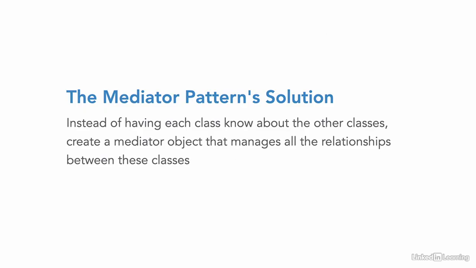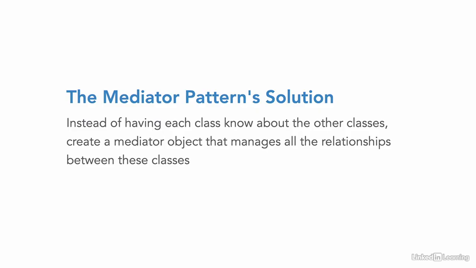What the mediator pattern does is instead of having all of the classes depend randomly on other classes, right, as in the onboarding example we just talked about, what we do is we define all of the relationships between these different classes in a single, what we call mediator class.